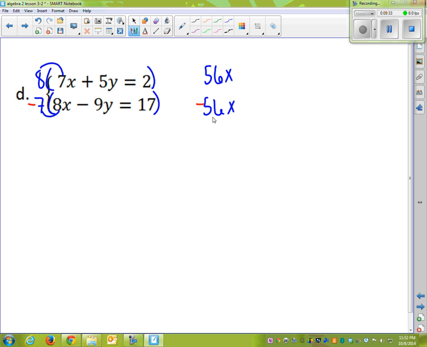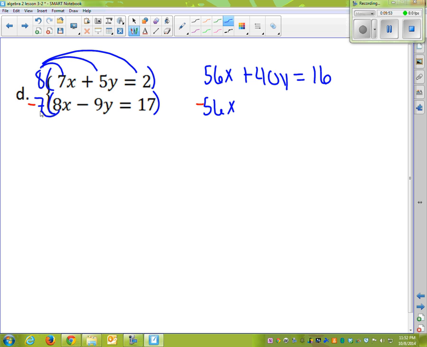And now if I add those together, I can see that they will cancel. So I multiplied the first one by 8. Now you need to do it to the rest of the equation. So it's 56x plus 40y equals 16.